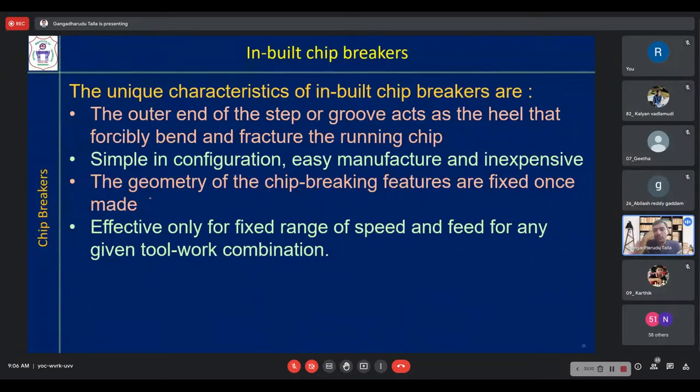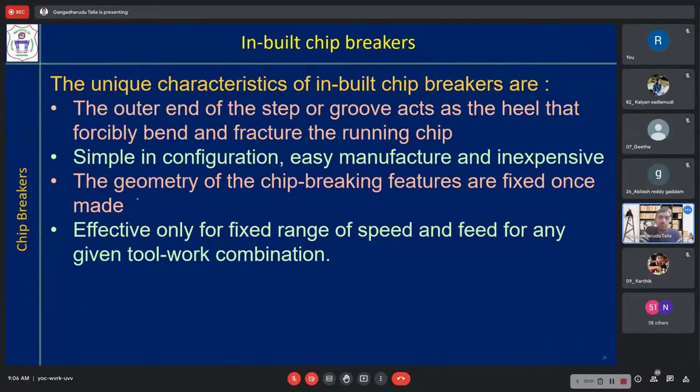Now, it is effective only for a fixed range of speed and feed for any given tool-workpiece combination. If you are directly cutting it on the tool, your width and height are fixed, so it is only applicable for a small range of cutting parameters.